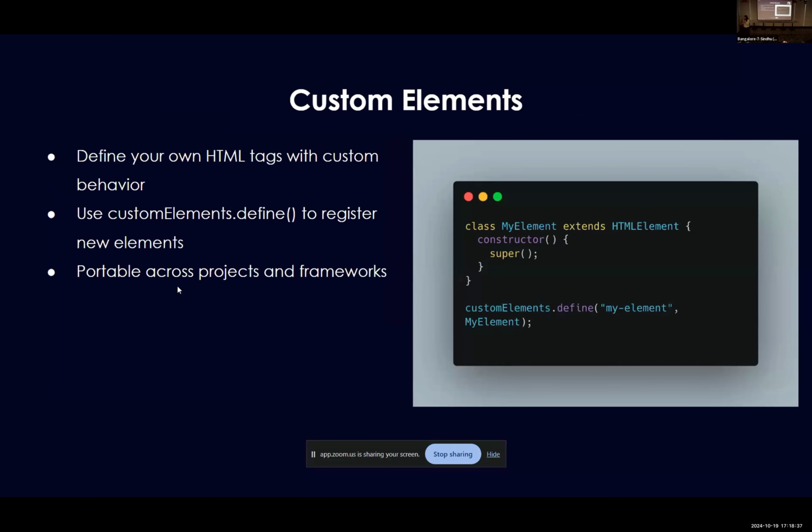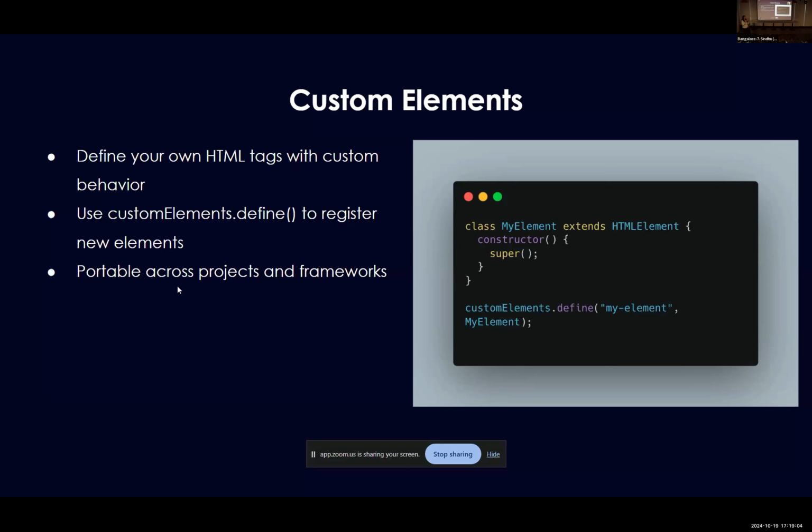First I'll start with custom elements. As I said earlier, it's pretty much like our default HTML elements, just with some added logic and CSS. It's pretty easy to create an HTML element. It's basically from the web browser API. We can use customElements.define, and we can define our own element.